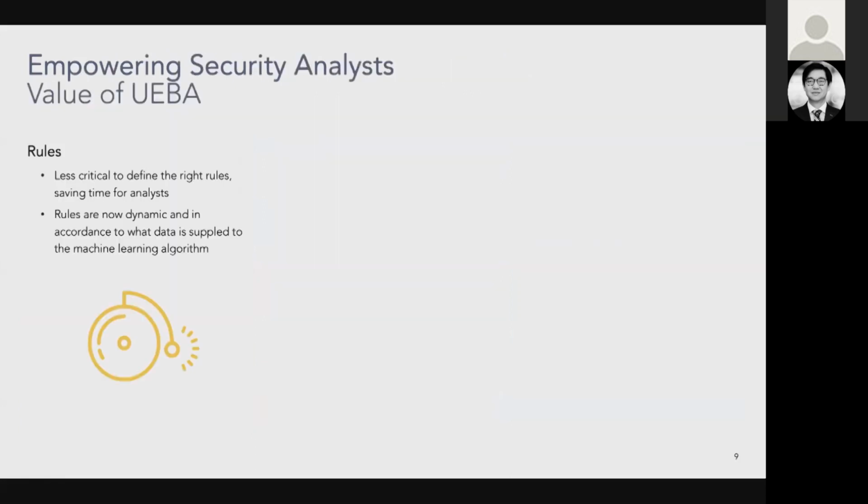One of the things we pride ourselves on, the value that we believe we give back by adding this feature, is the rules. When you're working with a SIEM, or maybe any other type of product, most of the time we need to create rules to trigger something. We need to know, is the employee working from, for example, 8 o'clock in the morning to 4 o'clock in the evening?